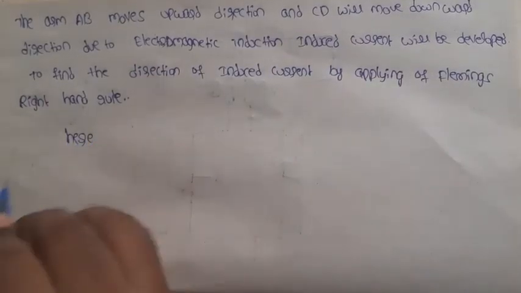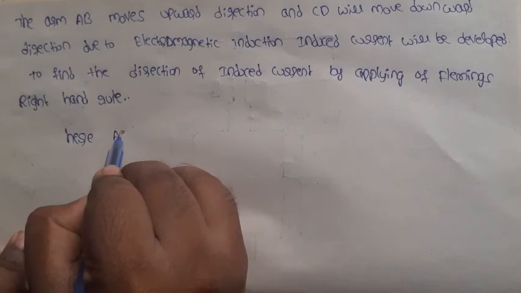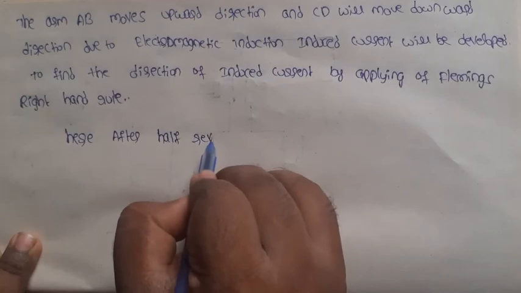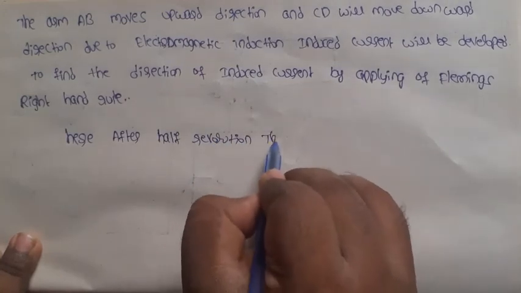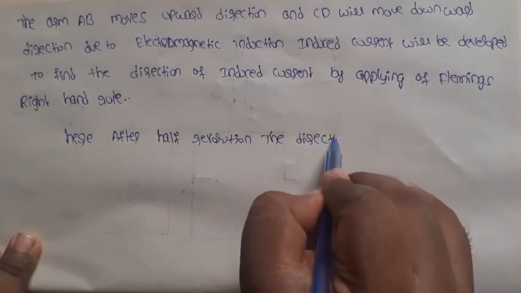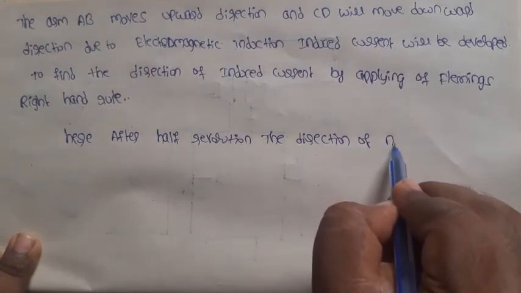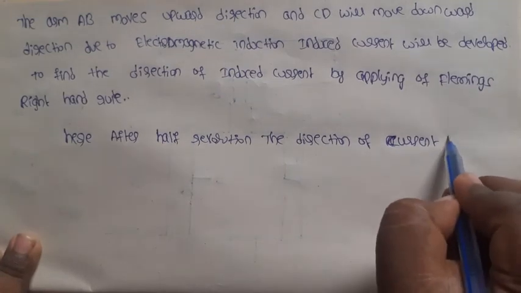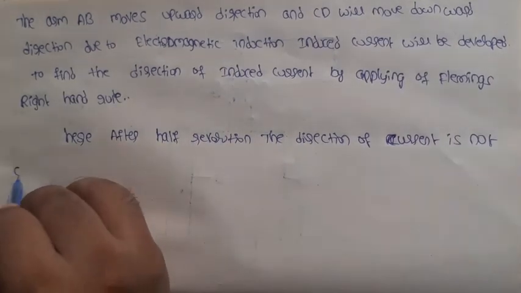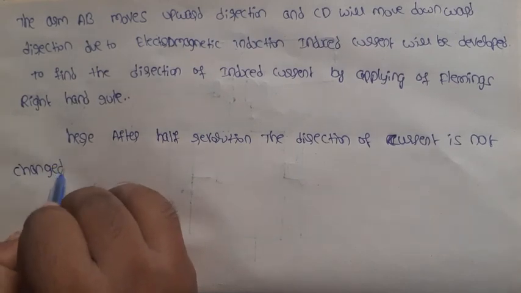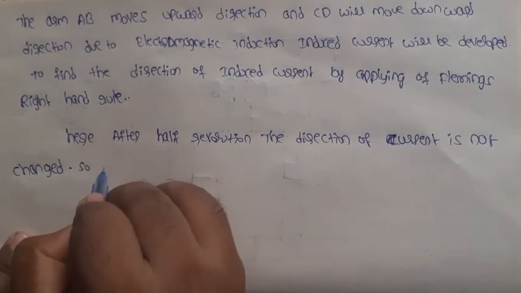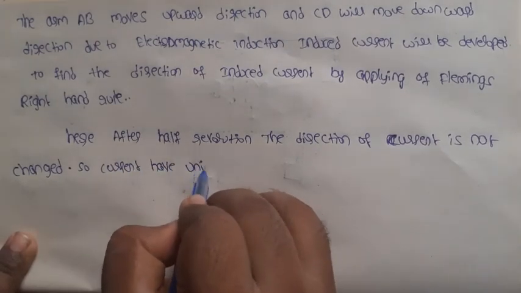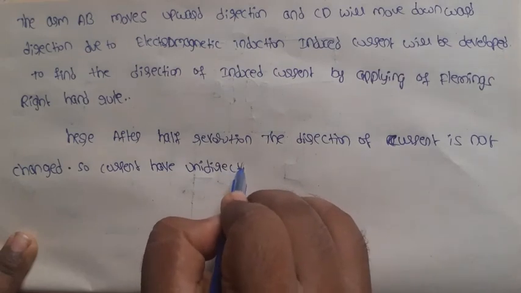Here, after half revolution, the direction of the current is not changed. So the current has unidirection, meaning one direction.